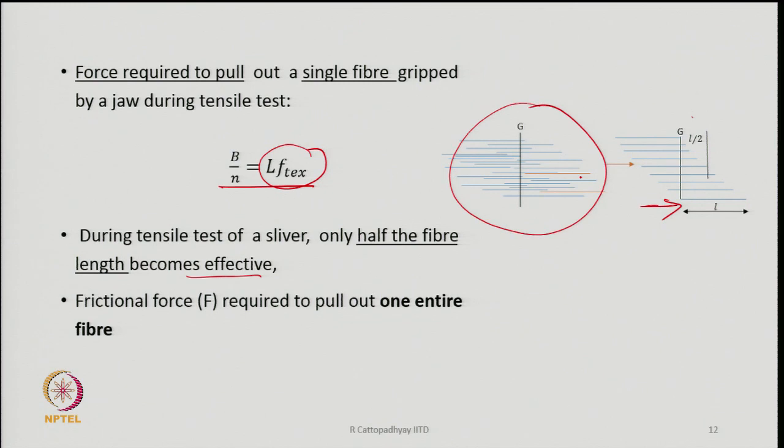Now, what we have done in the next diagram is show this jaw, which is, let us say, going, and which has a separated bunch of fibers.